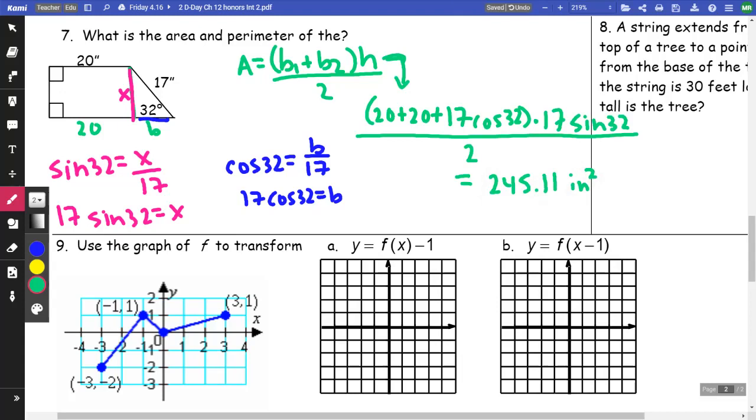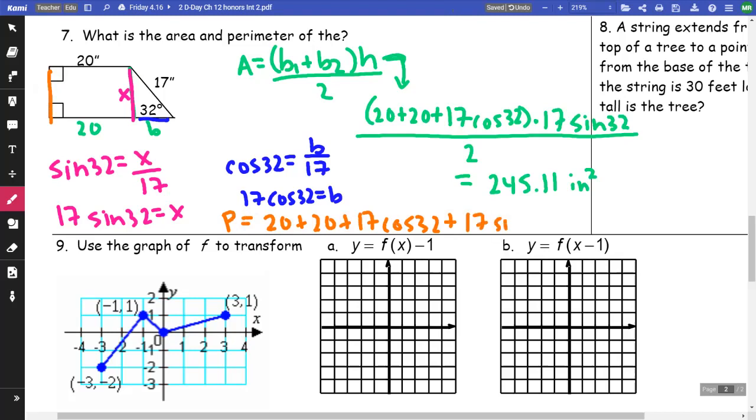Perimeter is going to be adding up all the way around. So for my perimeter, I'll do that in orange here. I'm going to have 20 plus 20 plus 17 cosine 32 plus over here, that's the same as the height. So that is 17 sine 32 plus this 17.